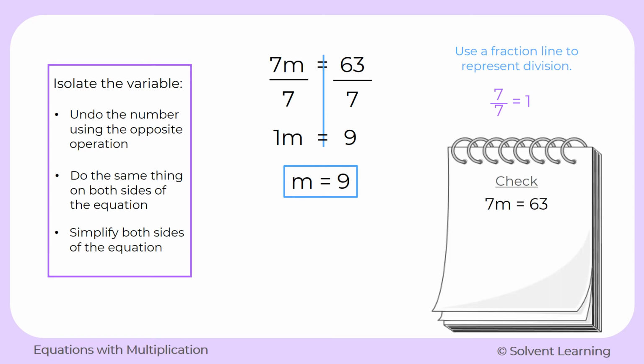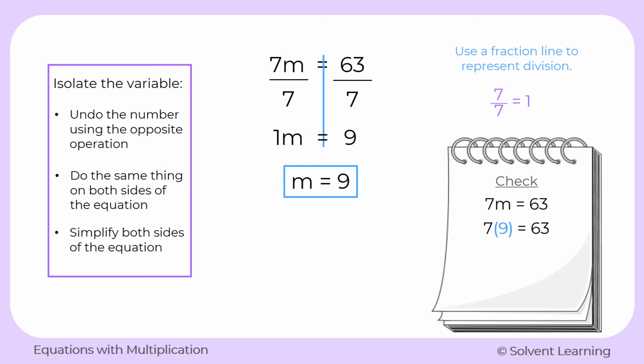So first we'll copy down our original equation, 7m equals 63. Then we're going to substitute what we think the answer is, our 9, for m into this equation. So we'll have 7 times 9 equals 63. And notice that I put the 9 in parentheses to indicate multiplication.